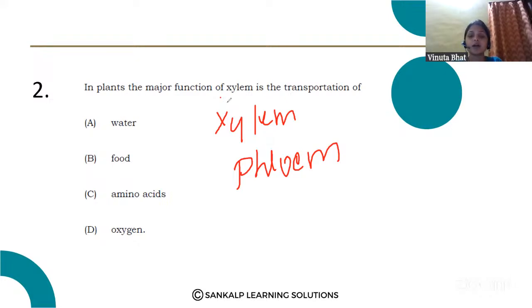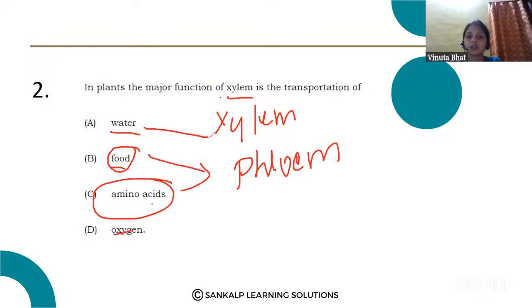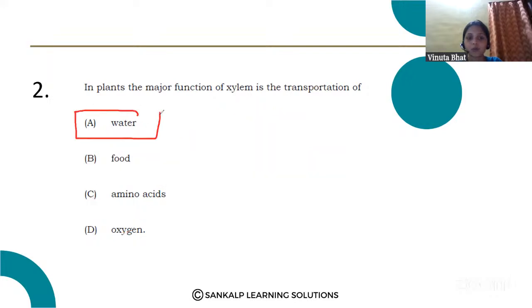But here, the function of the xylem is the conduction of water. Amino acids and some food transportation takes place through the phloem, but water transportation takes place through the xylem. The correct answer is xylem, so that transports the water. Option A is the correct answer.